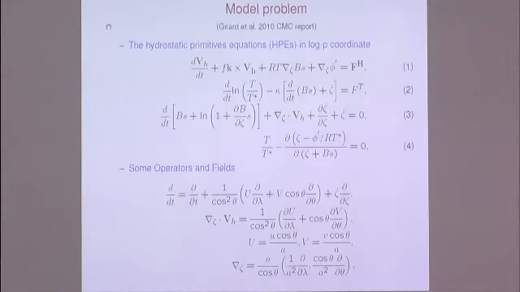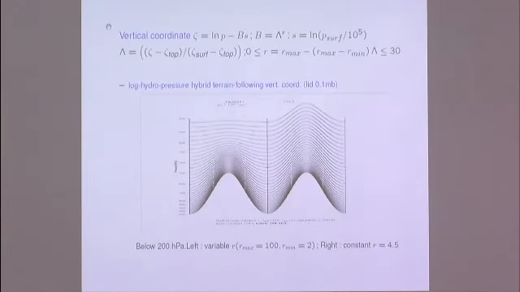On the right-hand side, big F are the physical forcing, with some operators: material derivative, horizontal divergence, wind images, horizontal gradient. We use log pressure vertical, zeta, which is hybrid. We use this small r to be able to flatten when we want and where we want.